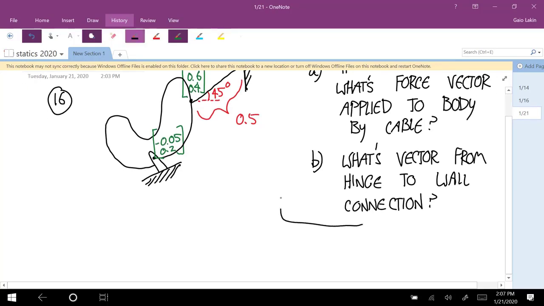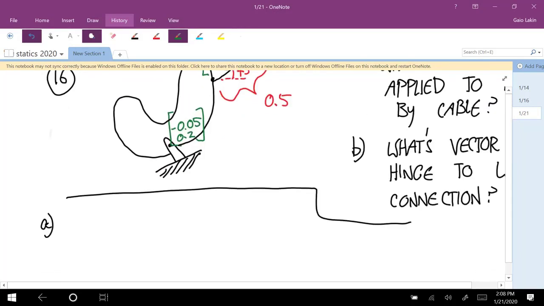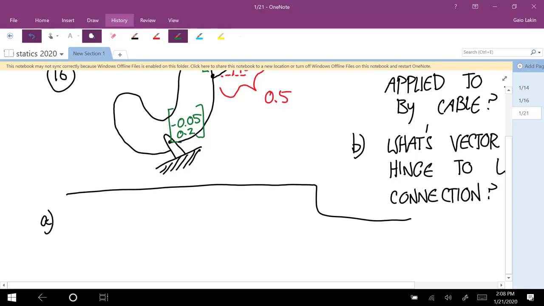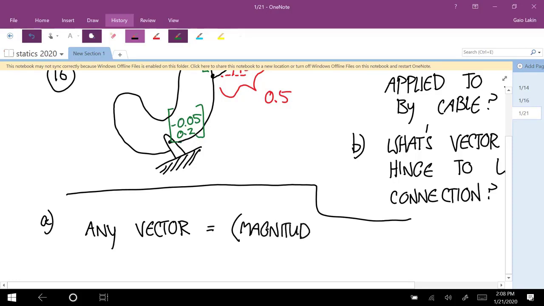Okay, so for part A, we're going to use two things. The first one is that any vector can be expressed as its magnitude times a unit vector in its direction.